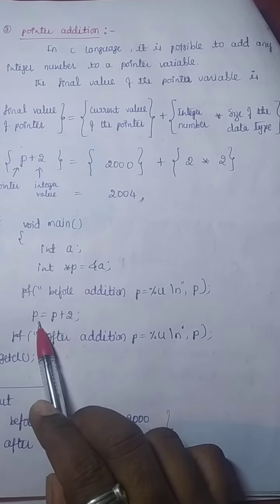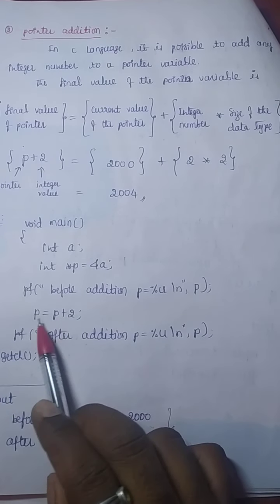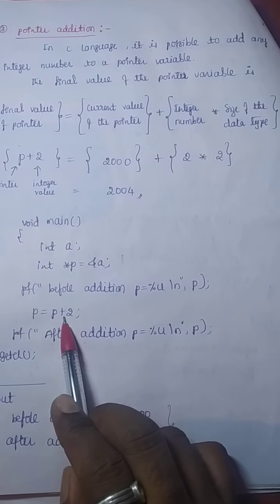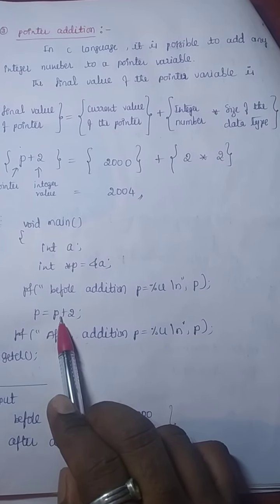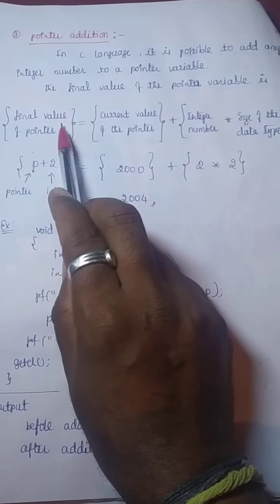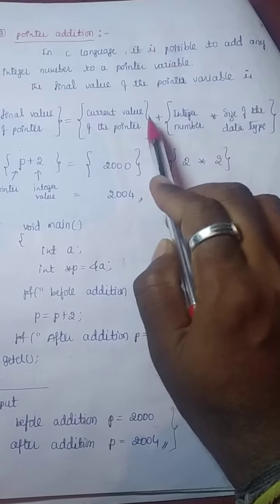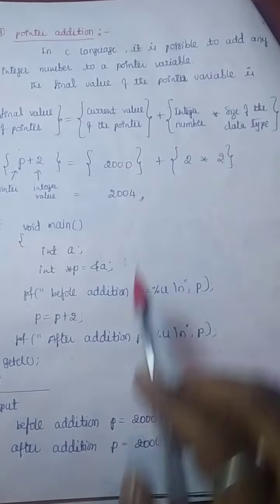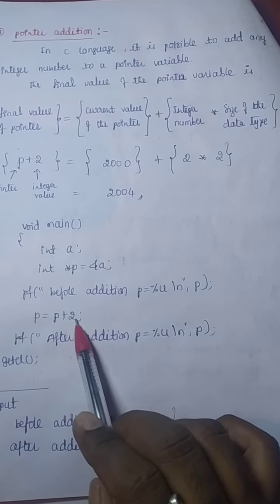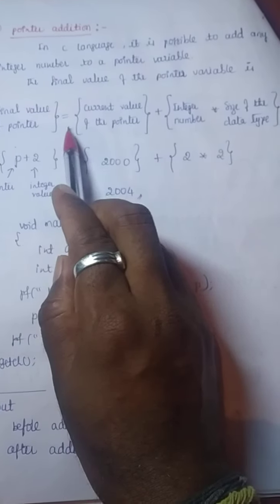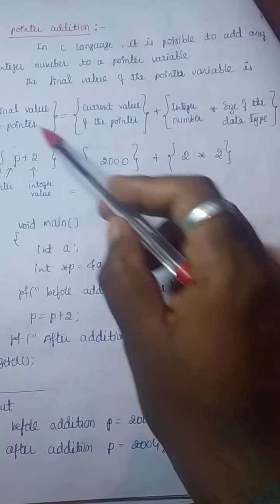Then you use the addition operator on the pointer: p = p + 2. What is this p + 2? Now you see this formula: final value of pointer is equal to current value of the pointer plus the integer number we are using. What is that integer number? In p = p + 2, it is this 2.